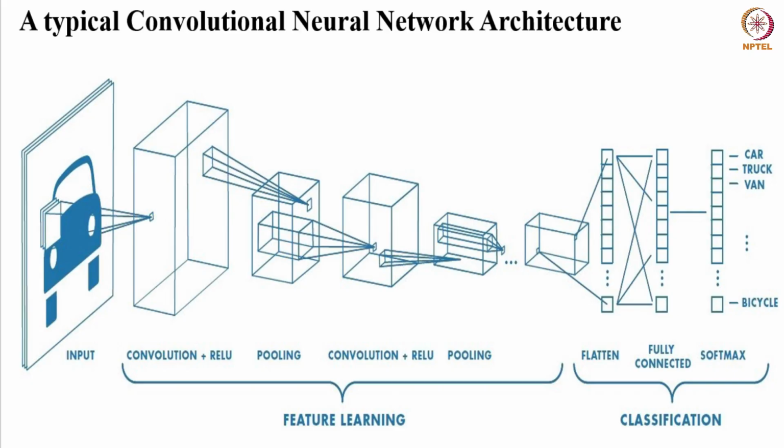So typically there is a stage in between called flatten, where we take the multidimensional matrix and create a one-dimensional vector. Then, based on that vector, we do the traditional classification. So this is more or less the architecture.